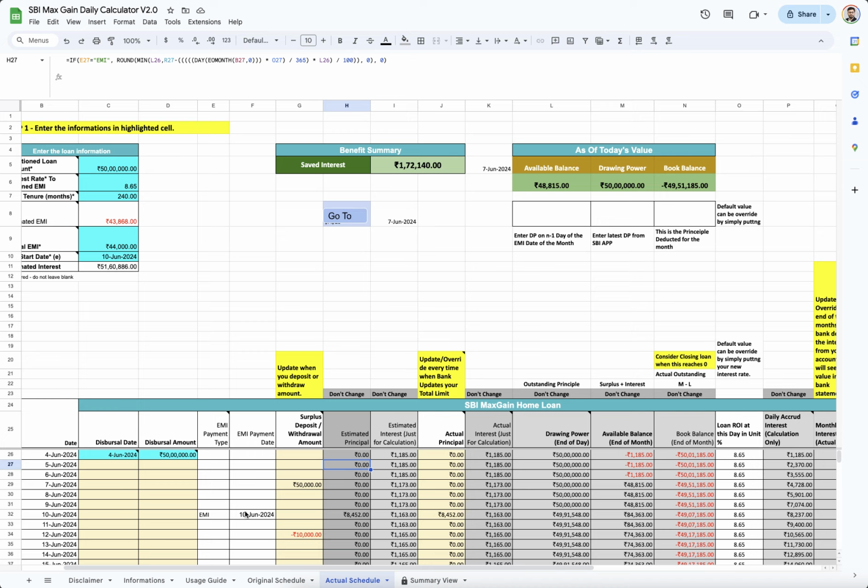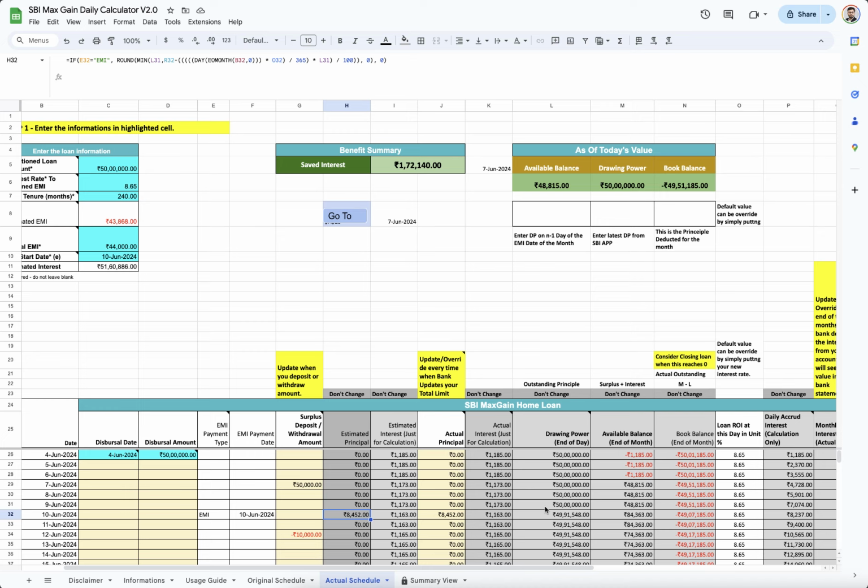As I mentioned, whenever the date of the EMI is on the very same day, the principal will be deducted. So this will be deducted from your principal outstanding amount, which is like your drawing power.